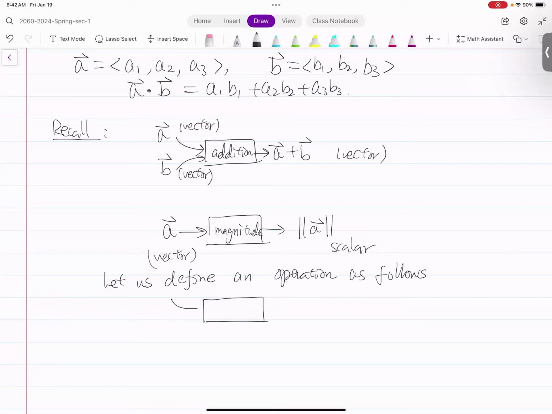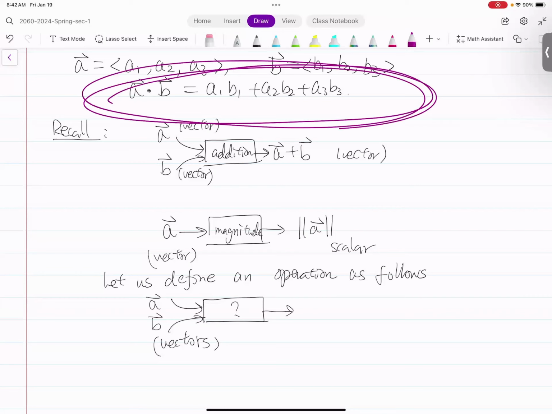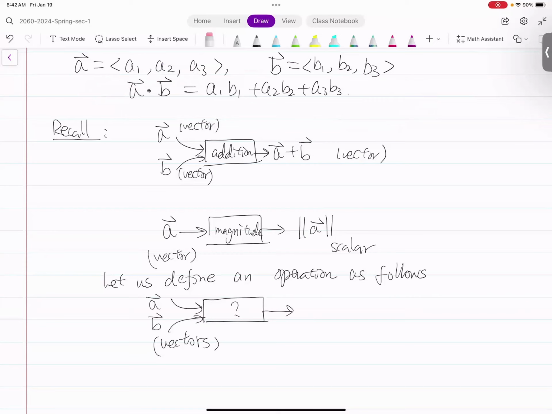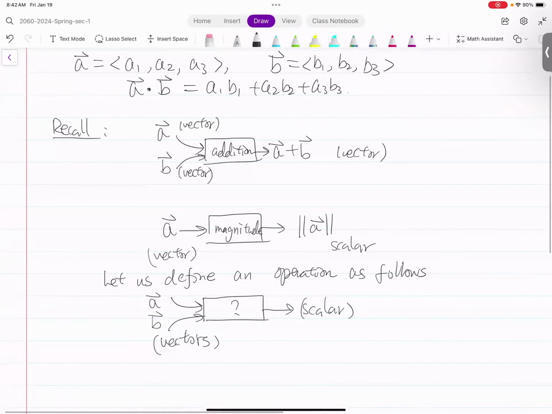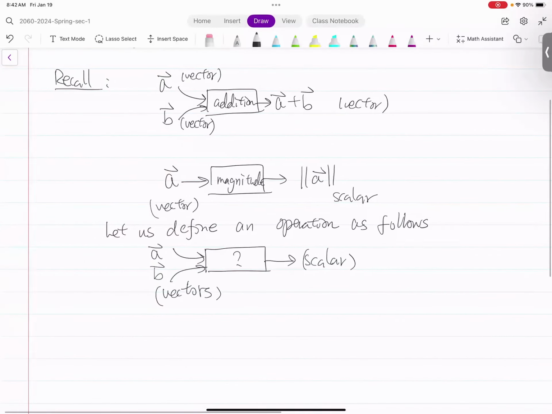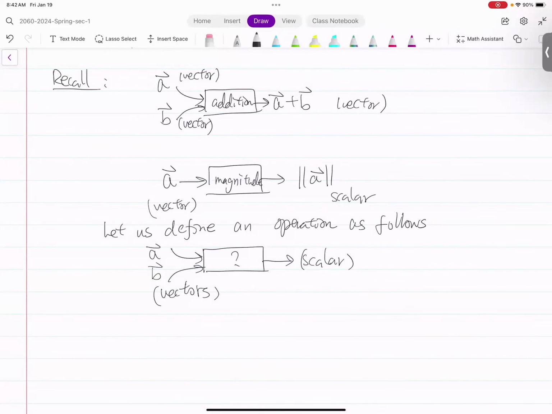We have the inputs as two vectors, A and B. We want to do some operation, which we have already specified, that returns a scalar. And of course, we want to be really clear about the meaning of the definition. So what does this actually give us?